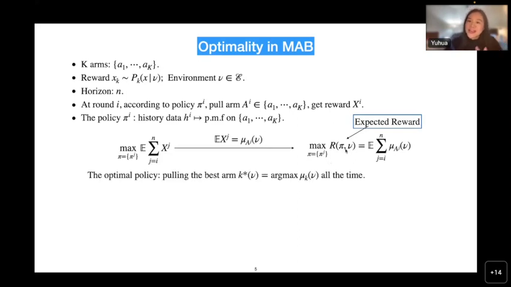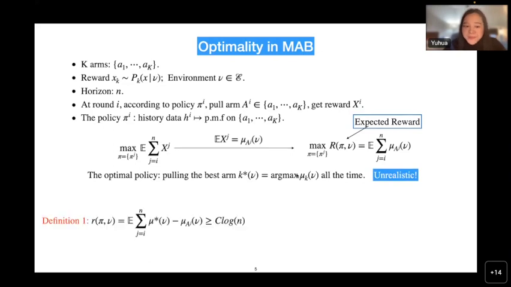Think about this maximization problem. The optimal policy is obviously pulling the best arm, which has the biggest expected reward among all these K arms, all the time. However, this is unrealistic because the environment nu is not known to us a priori. So this is not a well-defined optimality.